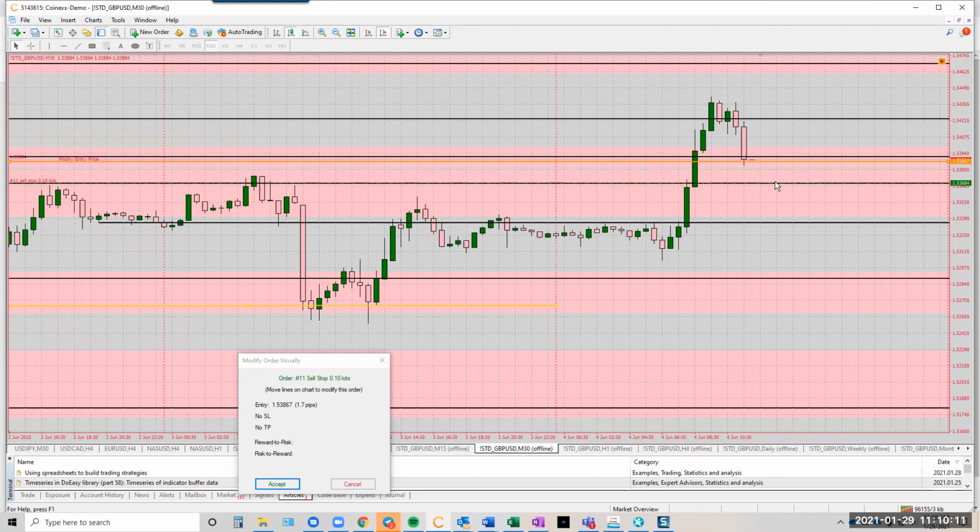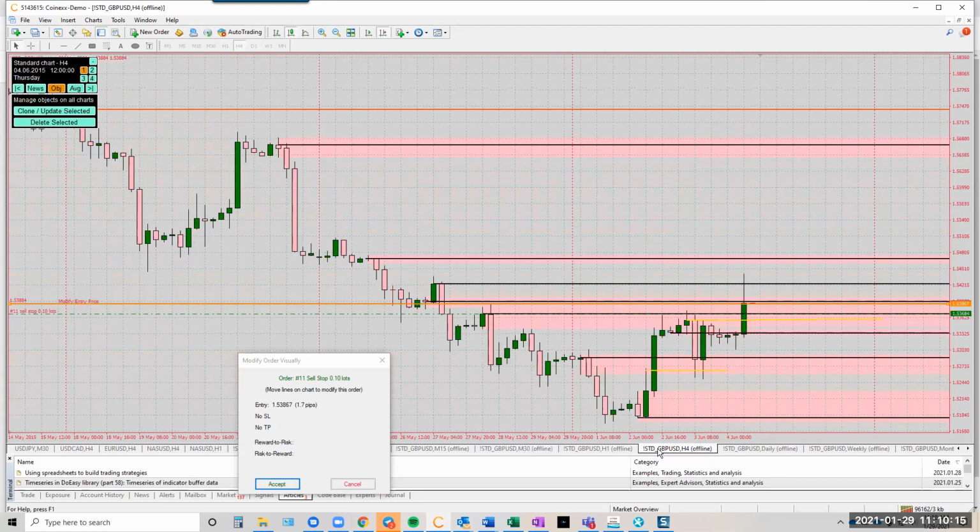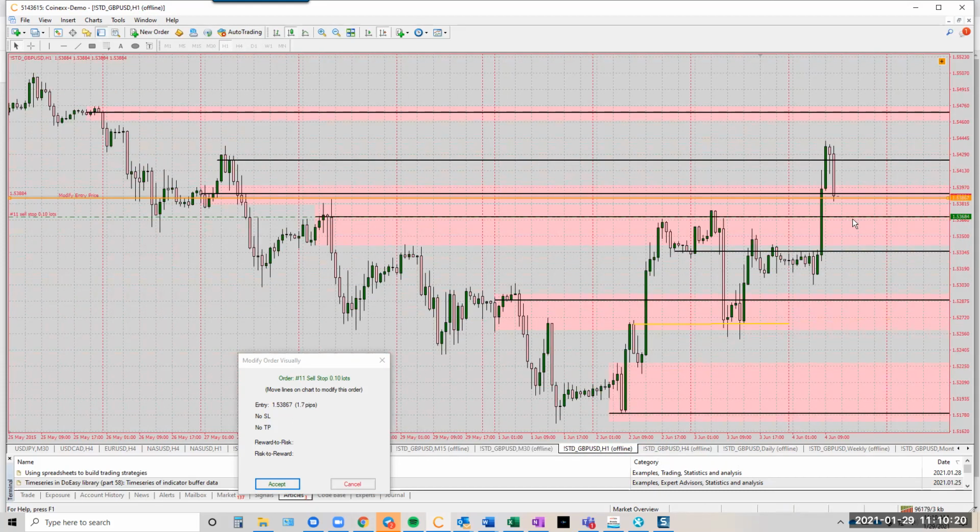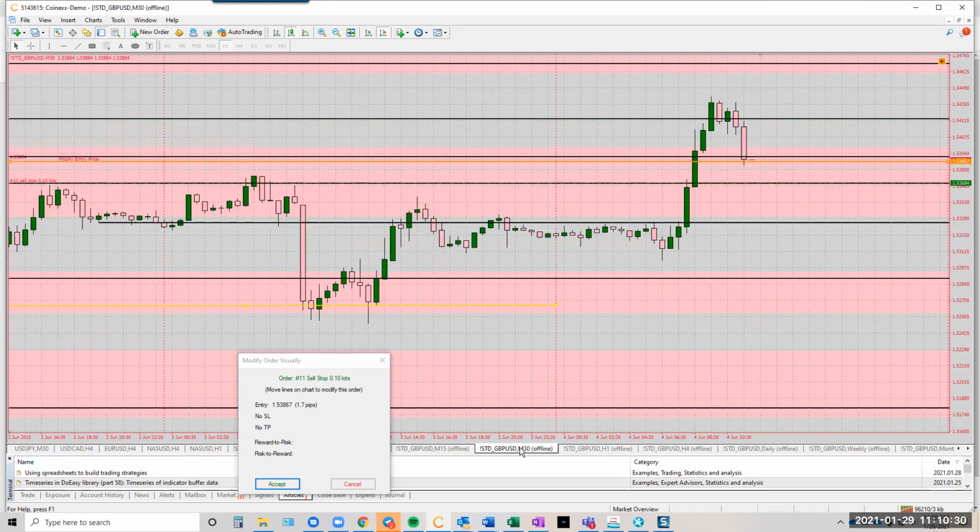Worst case is it bumps me out, but I think it's a rejection based on what I see here, based on what I see in the 4 hour. Clearly, I see my evening star in 30 minutes.